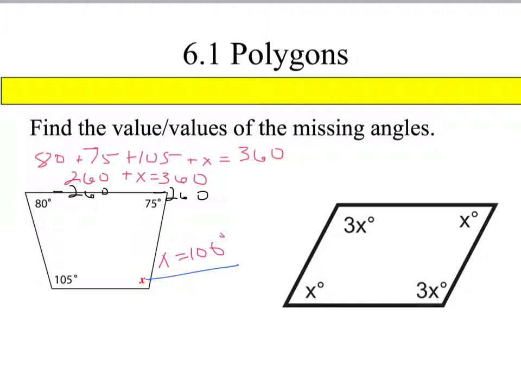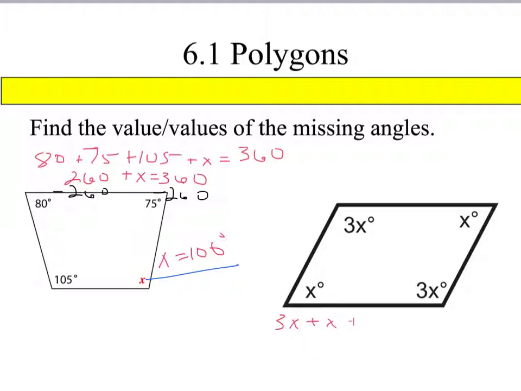Okay, same idea with this next quadrilateral. Notice it has 3x on both sides, x on the other two angles. So 3x on two angles, x on the other angles. Remember, adding them all up, you get 360, because that's the which theorem? Yes, it is the quadrilateral interior angles theorem.